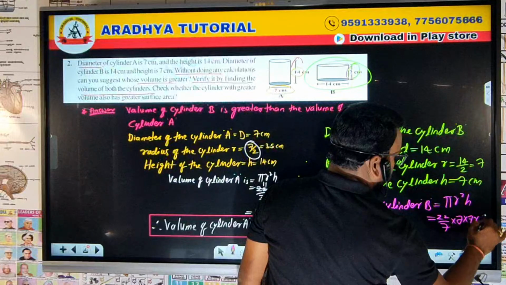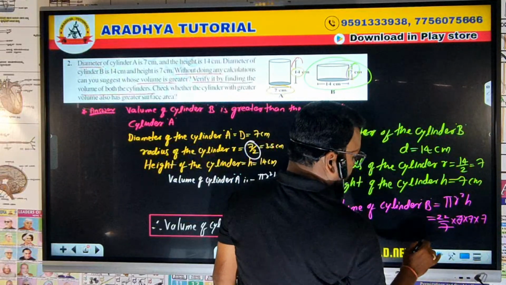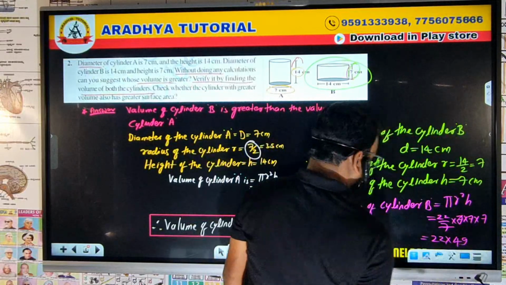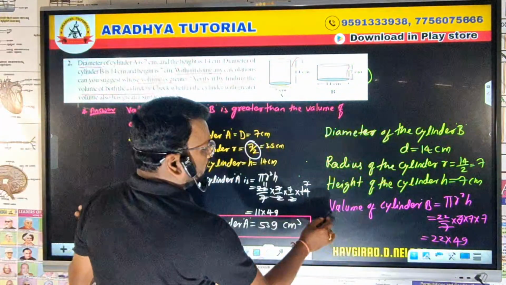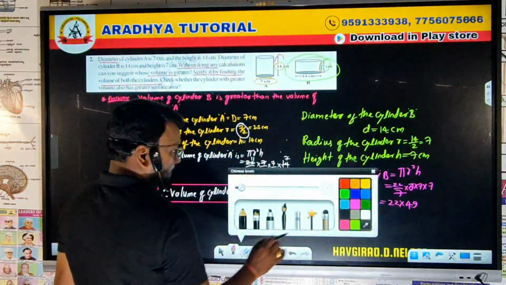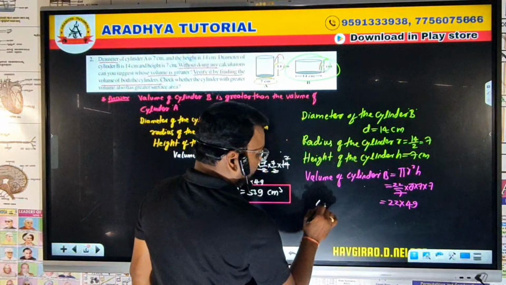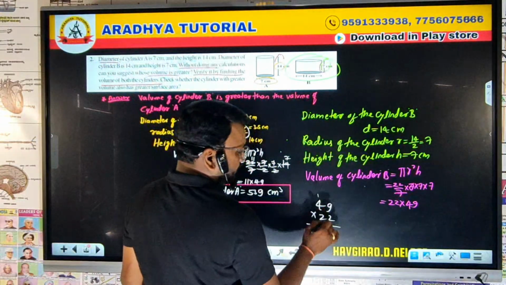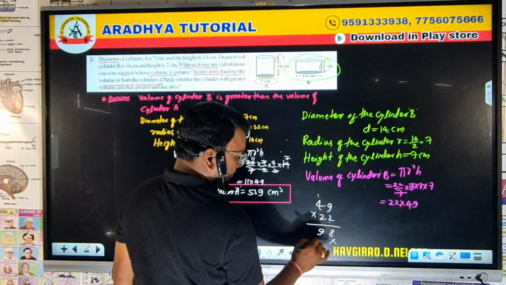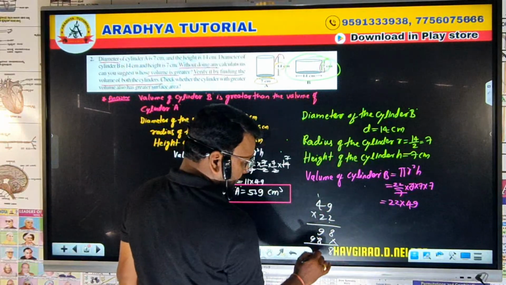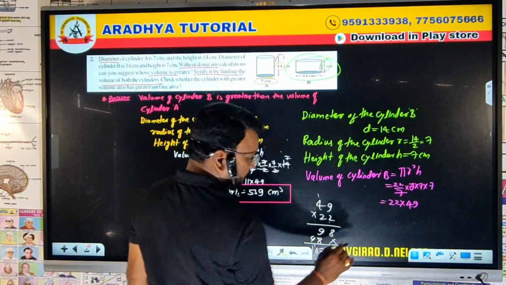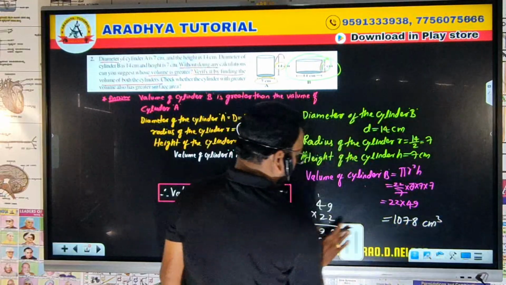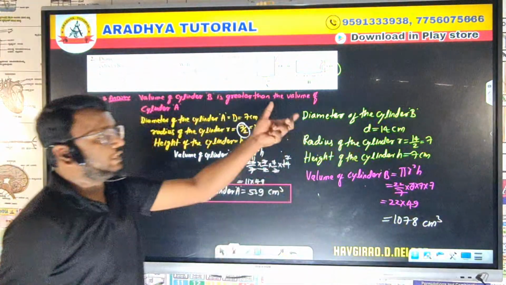H also 7. 7 gets cancelled. 22 into 49. If you multiply both the numbers, 49 into 22, 2 nines are 18, carry 1, 2 fours are 8, 1 is 9, 1078 centimeter cube is the volume of cylinder B.